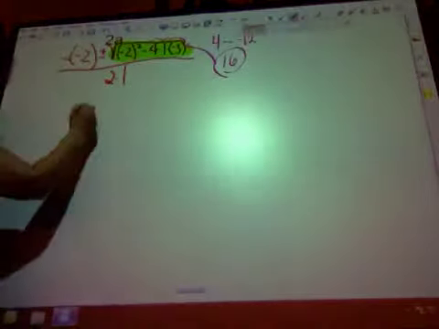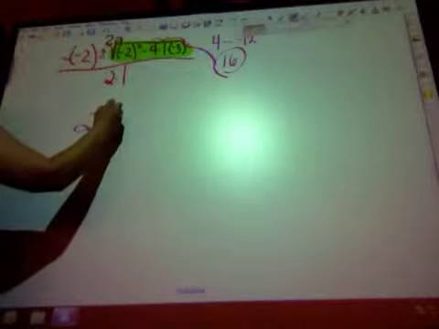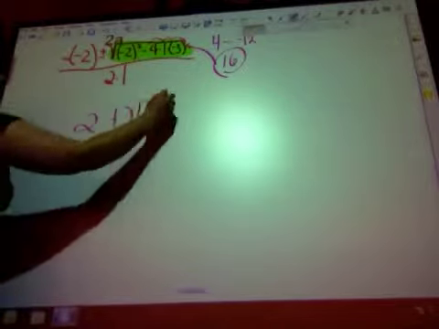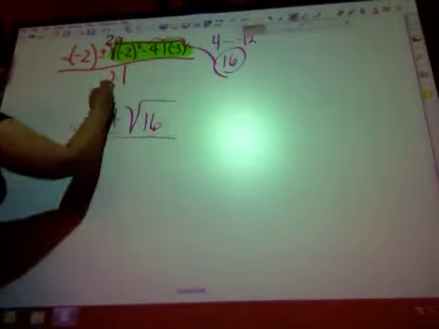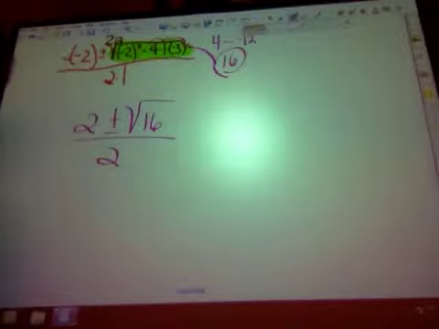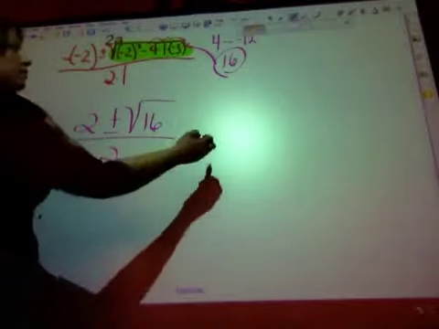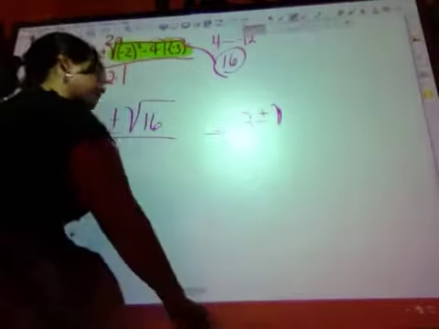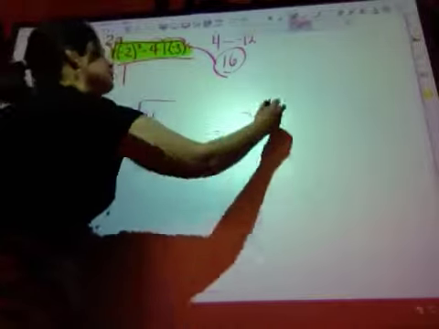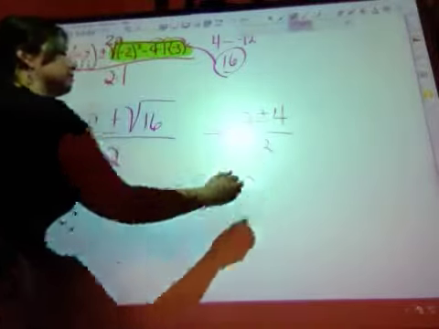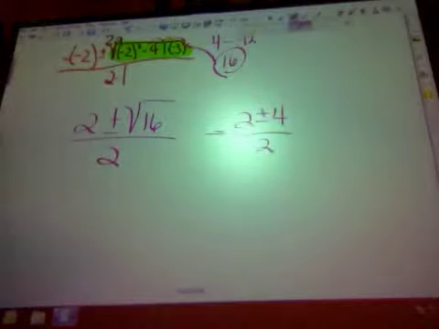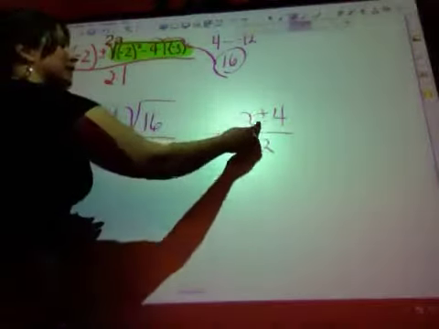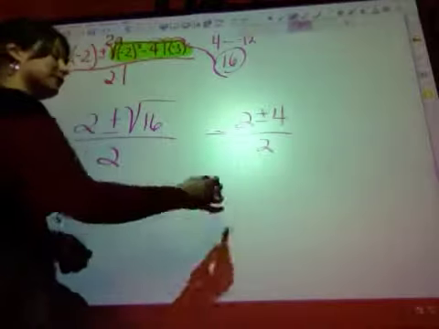The opposite of negative 2 is 2. And then we have plus or minus the square root of 16 all over 2 times 1, which is 2. Next we do square root of 16, which is 4. So we have 2 plus or minus 4 all over 2. To figure out our x-intercepts, we have to break this apart. So this plus or minus right here just means we're going to do 2 different equations.